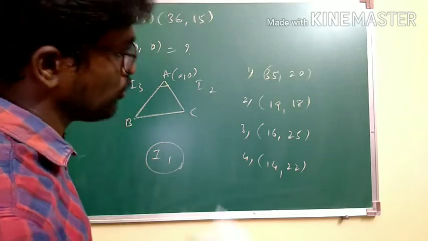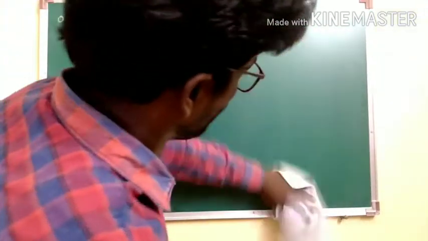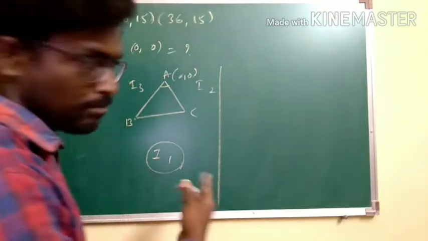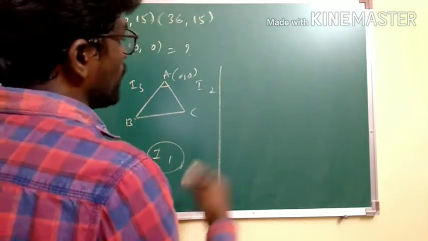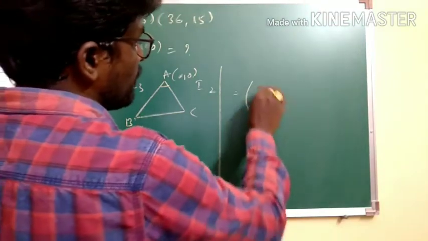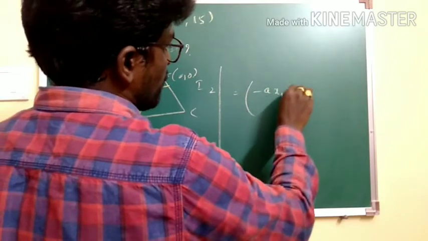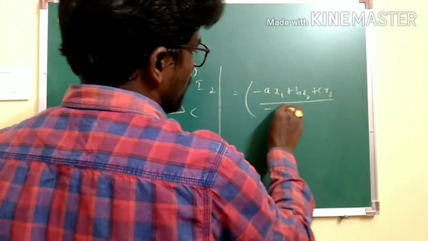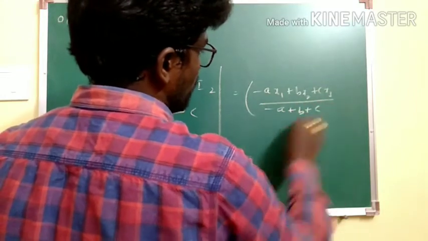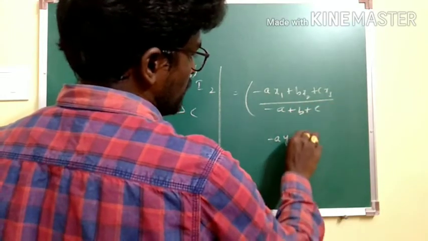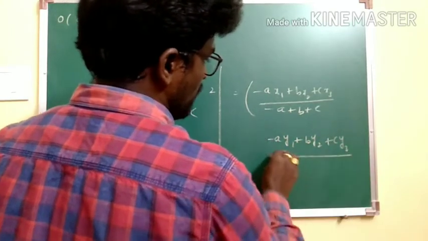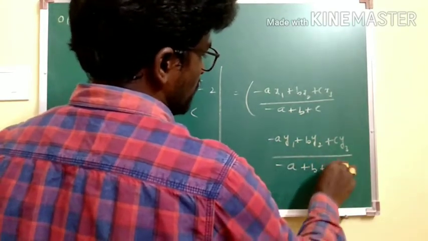I think I'm going to erase the options here because I need some board space. What is the excenter opposite to vertex A? Minus ax1 plus bx2 plus cx3 by minus a plus b plus c, and similarly minus ay1 plus by2 plus cy3 by minus a plus b plus c.